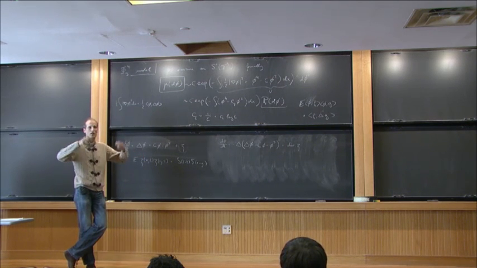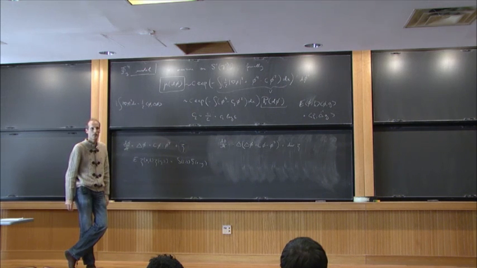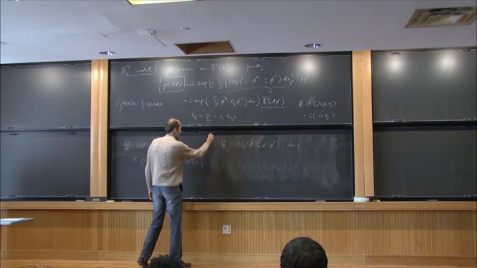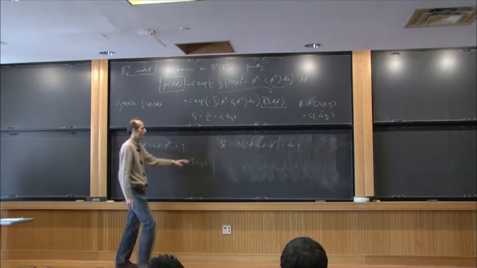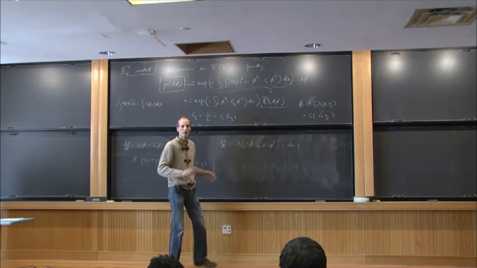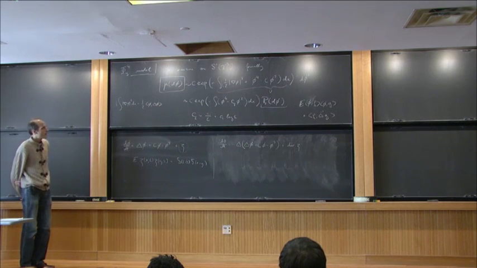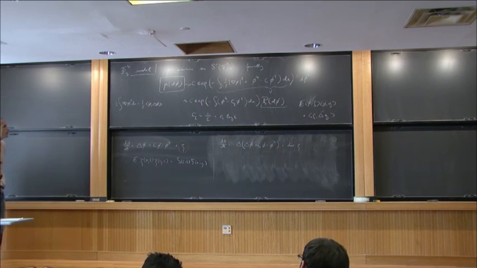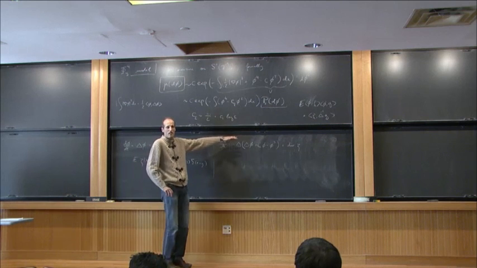Things decorrelate very quickly, so you wouldn't expect it. Okay, so this would be kind of a Glauber type dynamic if you want. This would be a Kawasaki type dynamic.